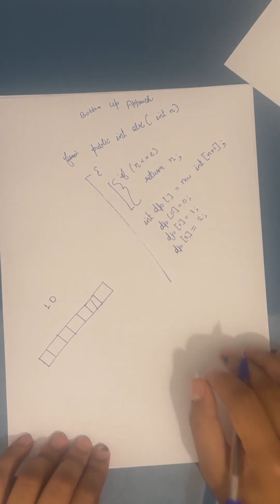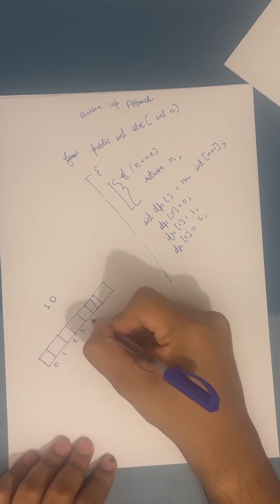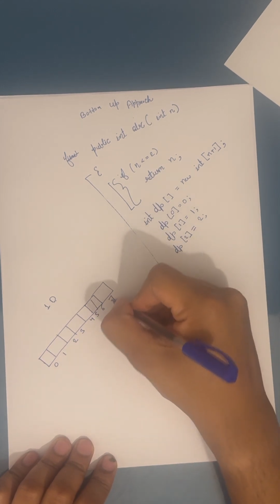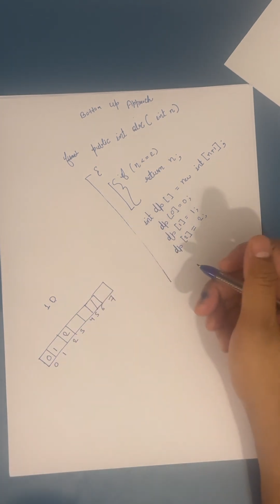I'll explain the 1D and 2D arrays in different lectures. So we have initialized it with 0, 1, 2.